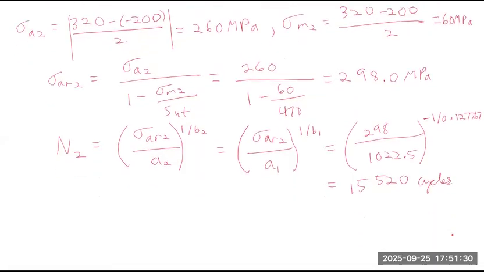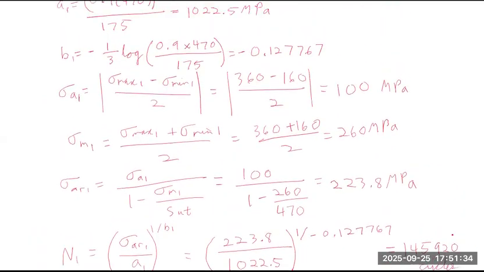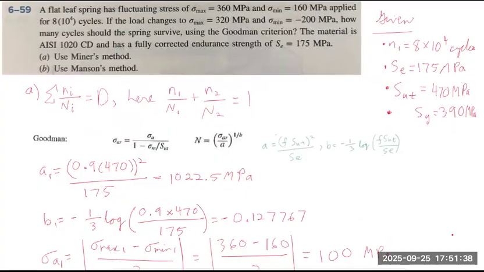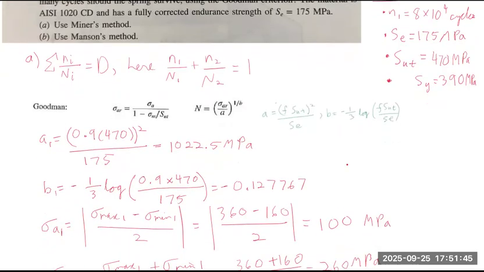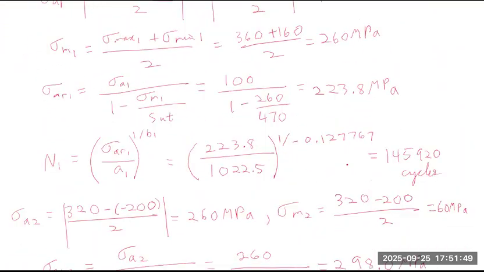For Miner's rule, we have in the beginning that n1 over N1 plus n2 over N2 equals 1. We had that n1 equals 8 times 10 to the 4 cycles.